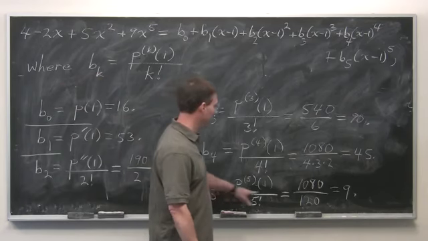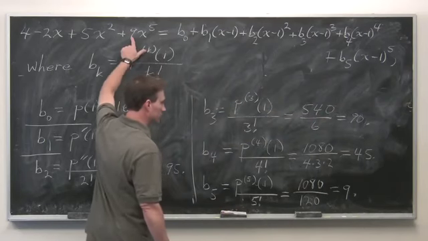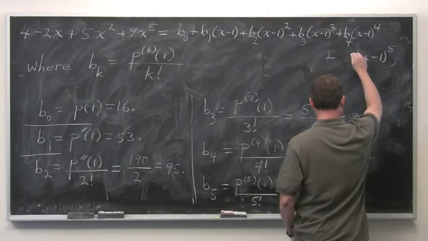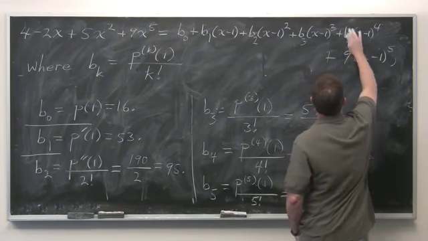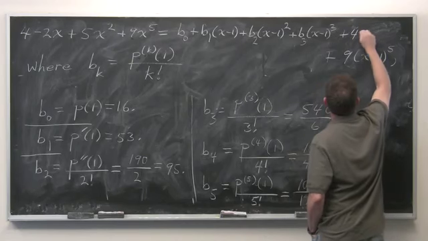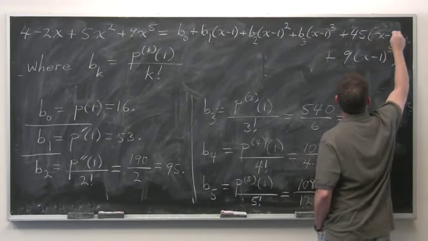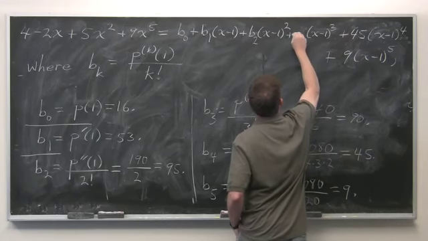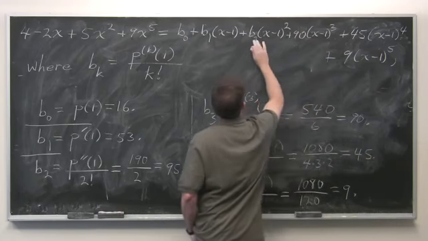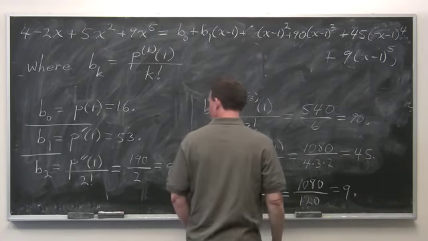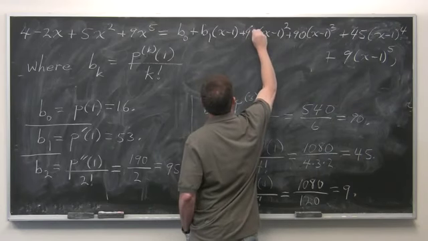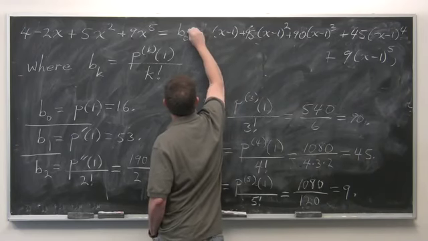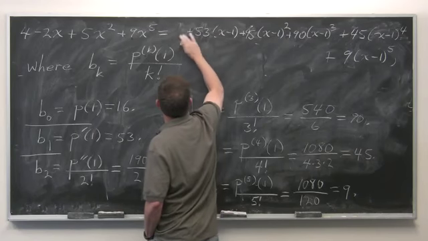As promised, the b sub 5, the coefficient from the highest degree term, has to match this one. So what we're getting is 9, 45, b sub 3 is 90, b sub 2 is 95, b sub 1 is 53, and b naught is 16.